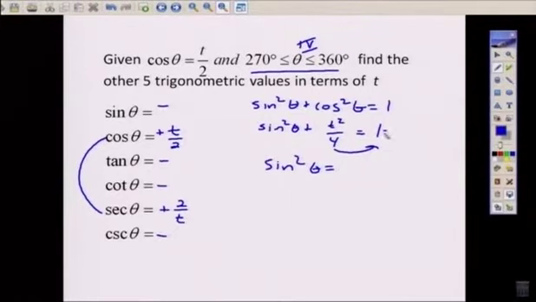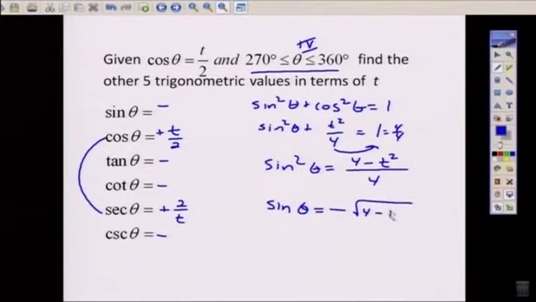I'm going to make this one a 4 over 4 so that I have a common denominator. So I will have 4 minus t squared. So then taking the square root, sine theta equals, now again, I know I'm in quadrant 4, so when I try to decide if it's the positive or the negative value, it's going to be the negative, and then radical 4 minus t squared over 2.